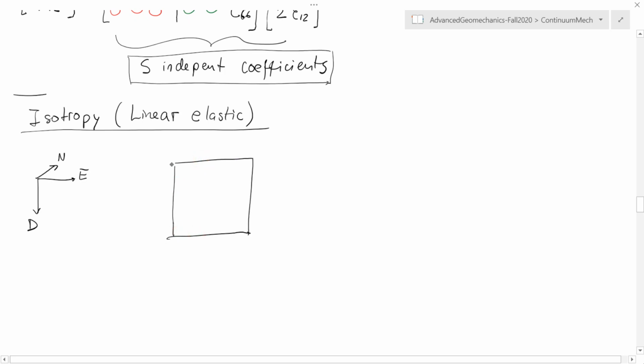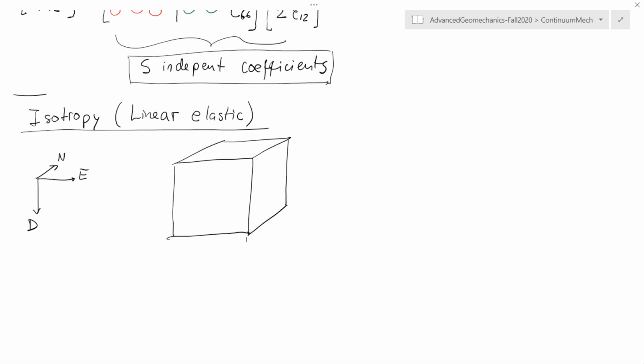If you apply it in the vertical direction, or east-west, or north-south, the properties are going to be the same. And we're going to further define the variables that characterize the relationship between stress and strain in this case.